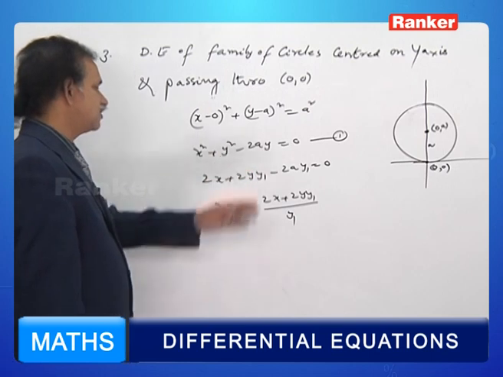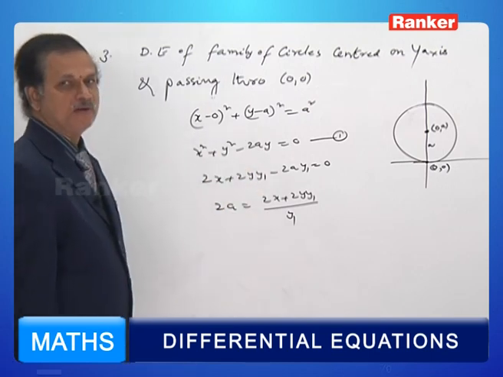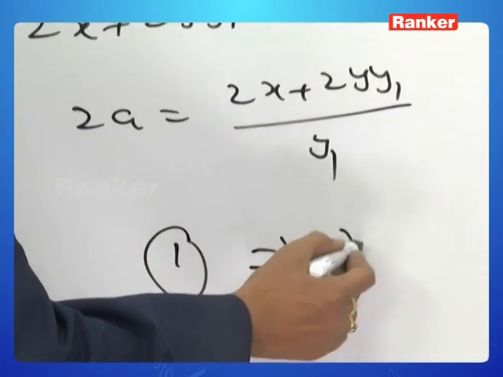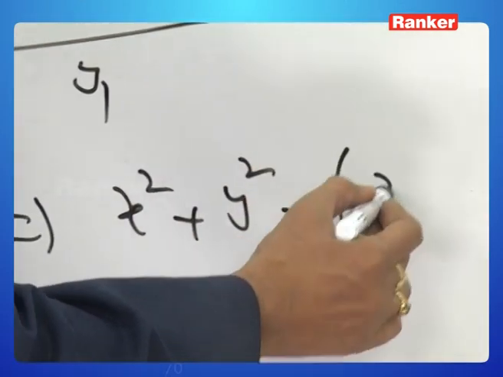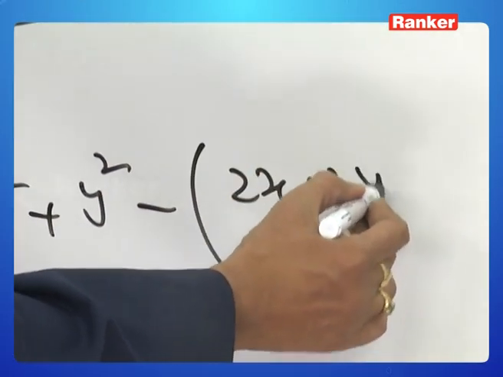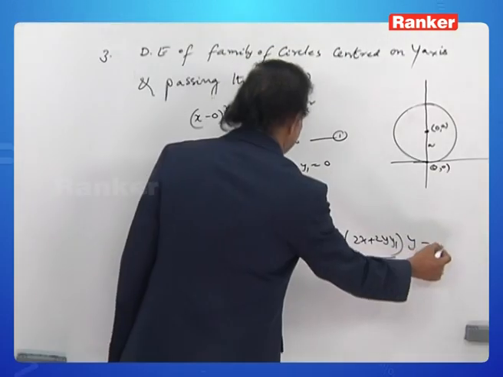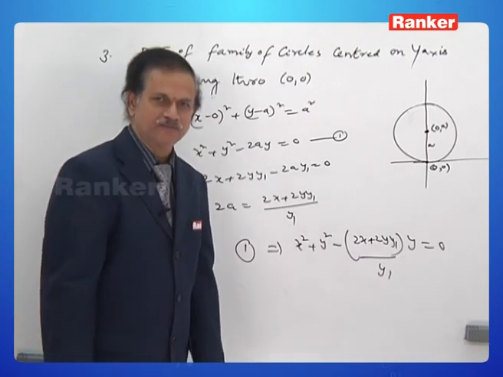Well, in the place of 2a, we have (2x plus 2yy1) by y1. So x square plus y square minus (2x plus 2yy1) by y1 into y is equal to 0. That is the given equation.